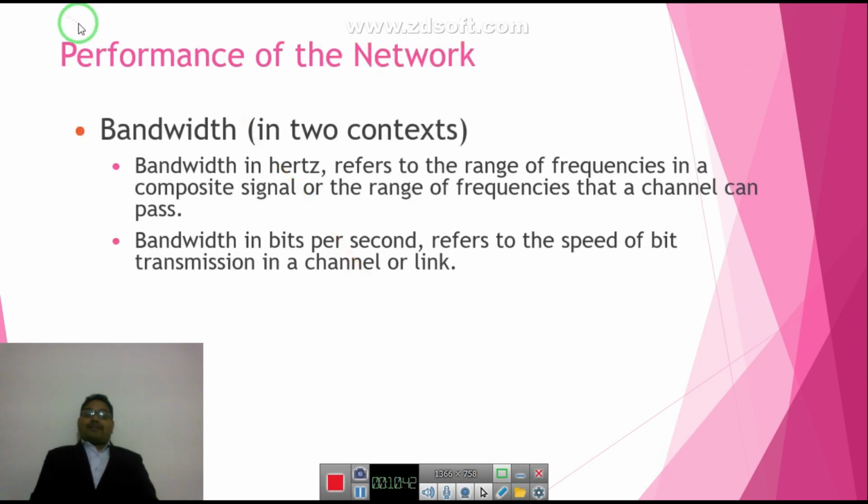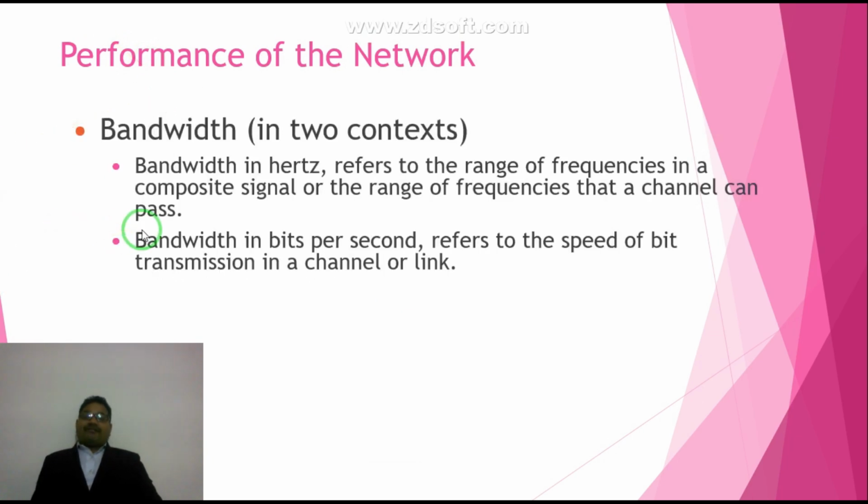Now guys, performance of the network is basically measured by means of the bandwidth. And bandwidth has two contexts, that is bandwidth in hertz and bandwidth in bits per second. Bandwidth in hertz refers to the range of frequencies in a composite signal, or the range of frequencies that a channel can pass.